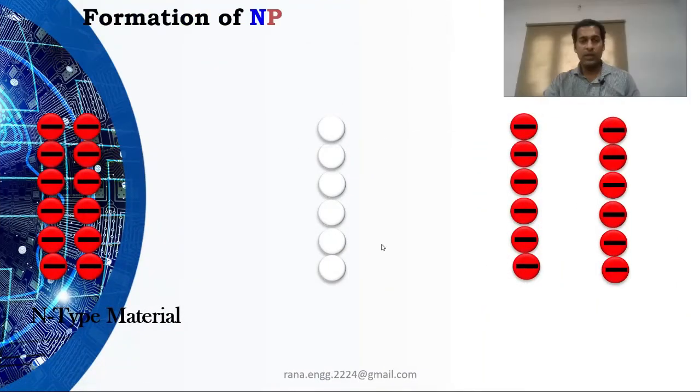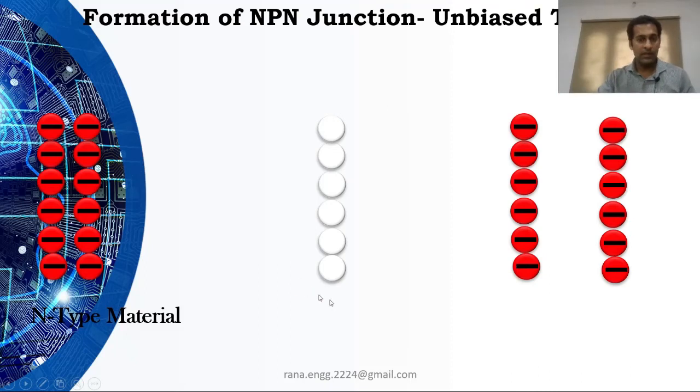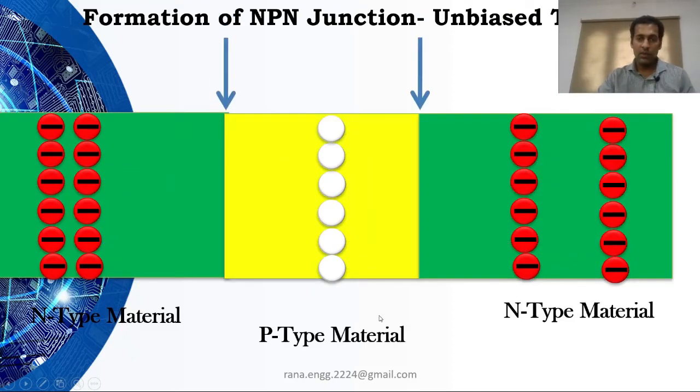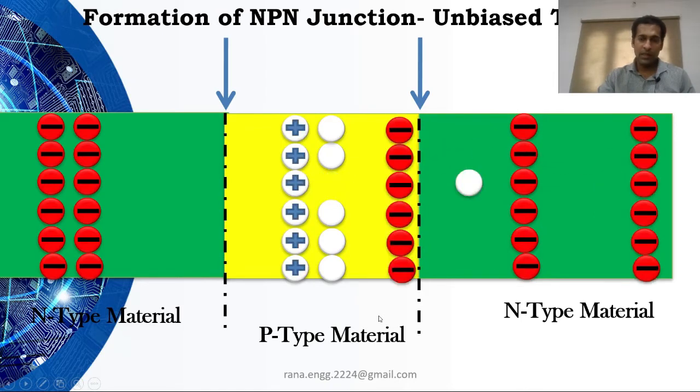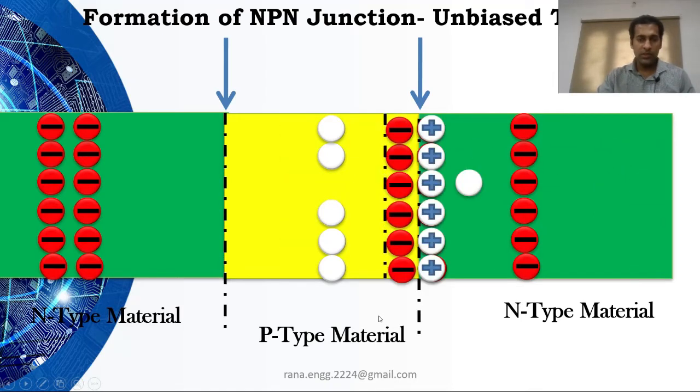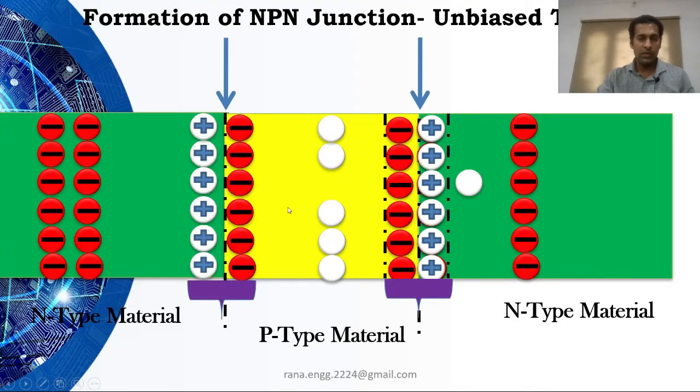So we have seen the formation of the NPN junction in unbiased condition. In unbiased condition, the electrons gather around the junctions and form immobile ions around the junction, right? These are the majority carriers.